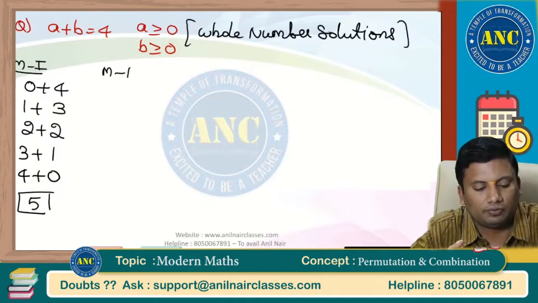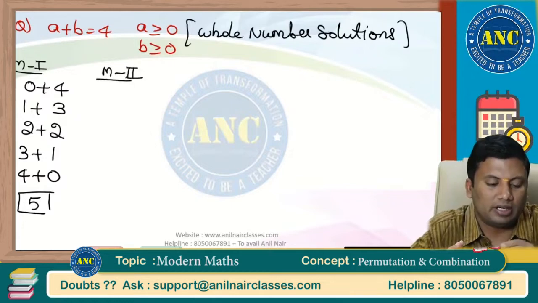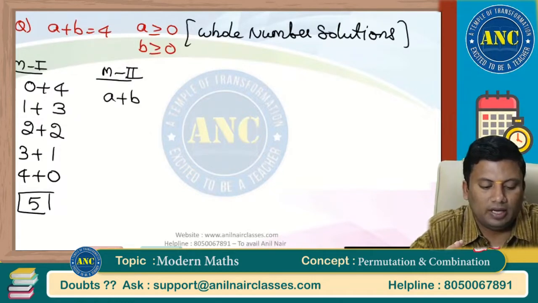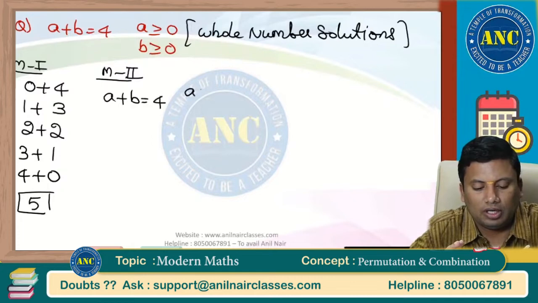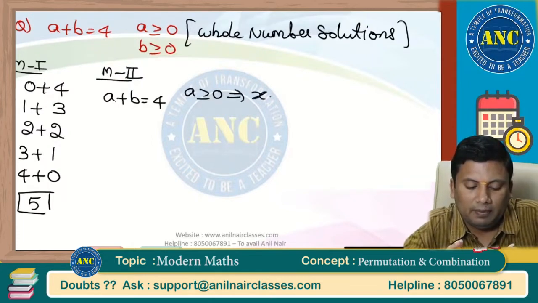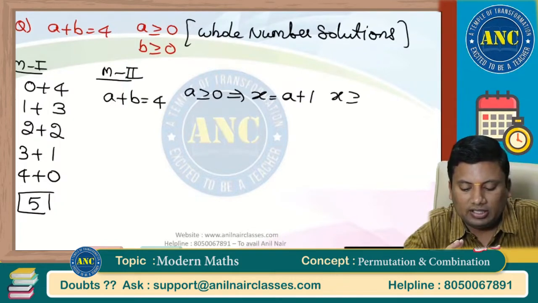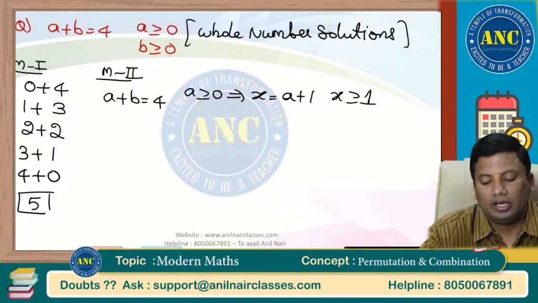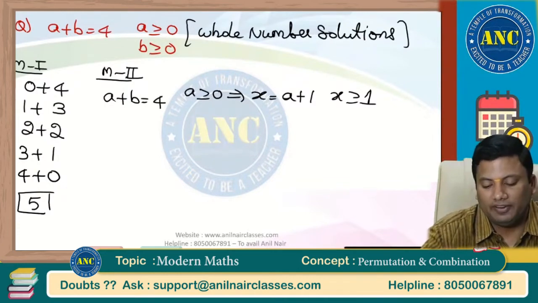Method number 2. A plus B is equivalent to 4. A is greater than or equivalent to 0. Can I replace A with another variable and write it as X greater than or equivalent to 1? X equivalent to A plus 1. If it is starting from 0, 0 plus 1 is 1.